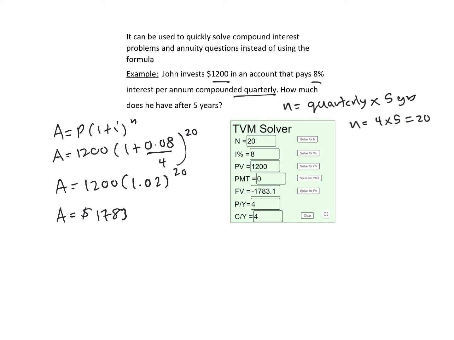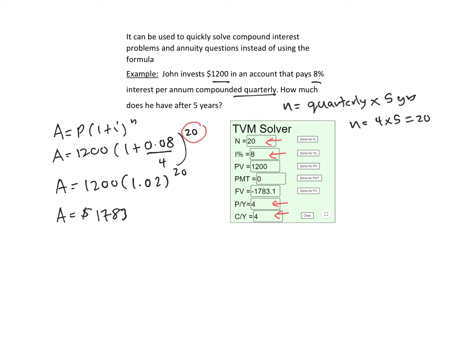If we were using this TVM Solver, it's pretty easy to put these numbers in. So N is 20, which is the same. I is the interest rate. You can see that we just put in 8. We don't have to change it to a decimal, because when we tell the calculator what to compound it by, so 4, it will take that 8 and divide by 4.